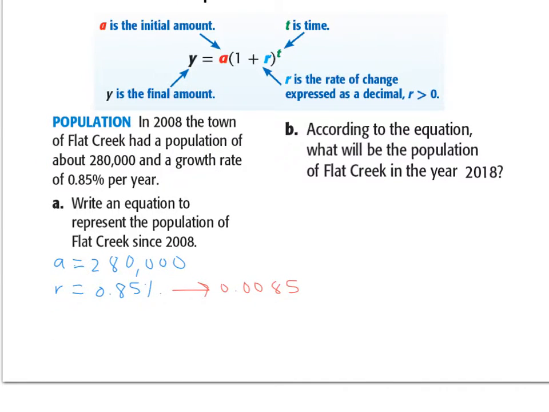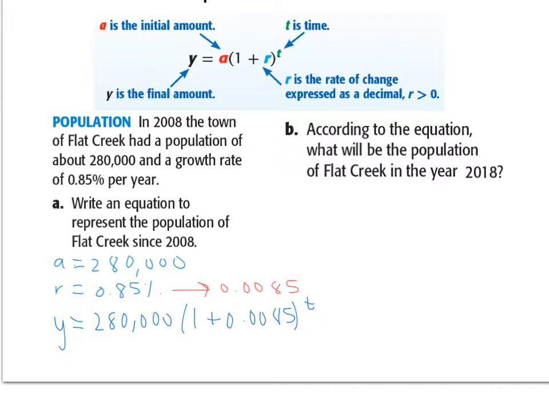Now, we just want to write an equation to represent the population of Flat Creek since 2008, so I can go ahead and put together my equation based on knowing those two variables. So my equation will be y equals my initial amount, which was 280,000, times the quantity 1 plus my rate, which is 0.0085, to the power of t.